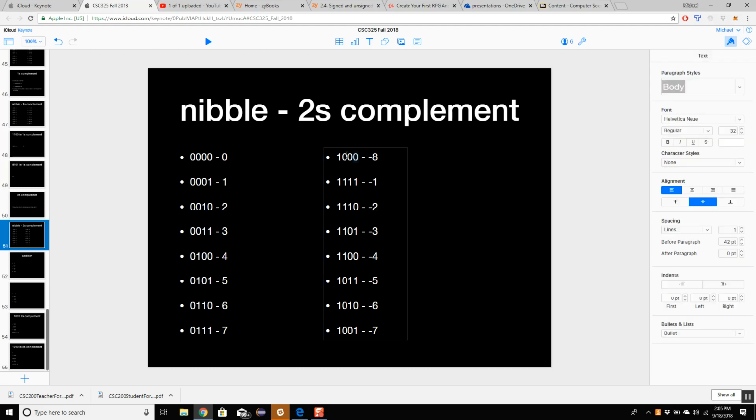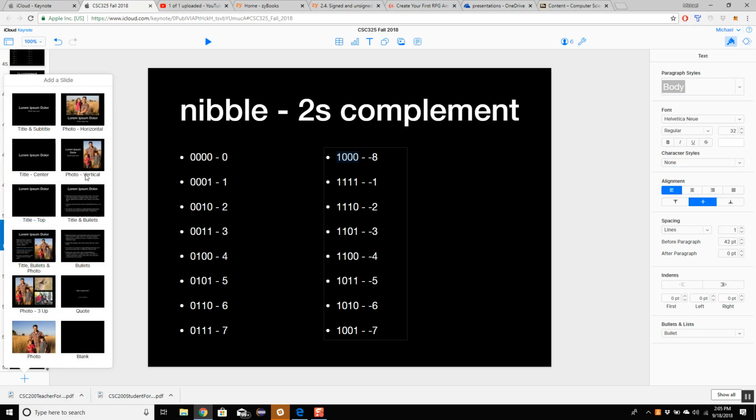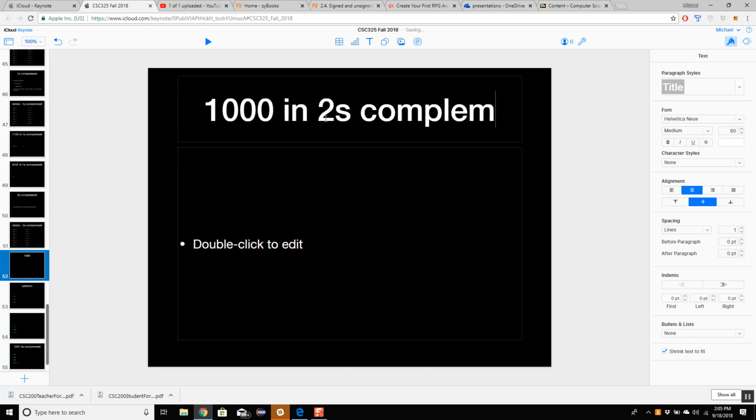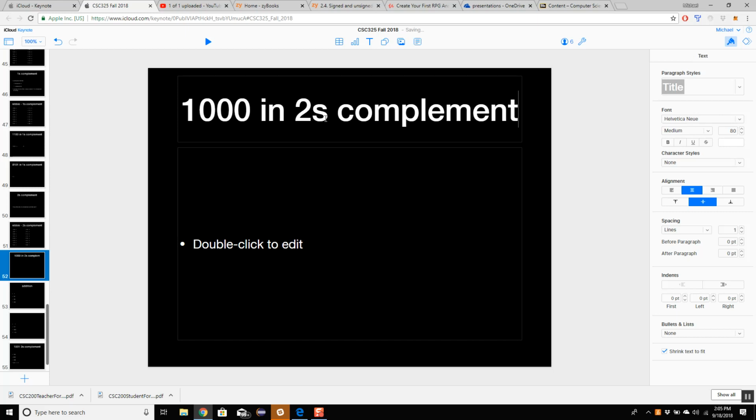So this guy up here, let's work backwards. Two's complement. Well, it starts with a 1, so we know it must be a negative number. So we need to decode it.